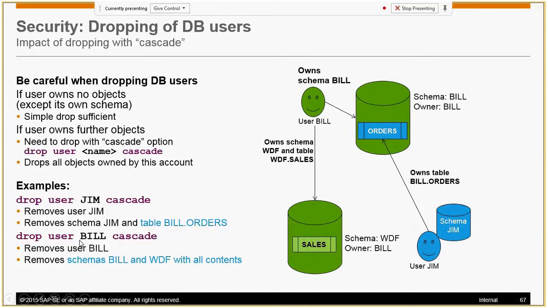If I drop the user Bill from the system, this removes obviously user Bill, its own schema, but also the other schema he created together with the table. So there is always this dependency between the user who creates a particular catalog object and the object itself.